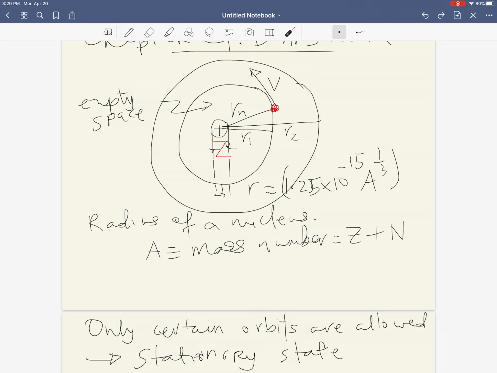And if you've done some chemistry before, you would know that the mass number is simply the number of protons and neutrons in the nucleus. In the case of hydrogen, of course, there's just a single proton, and so A is 1. And so this tells us that the approximate radius of a proton is about 1.25 times 10 to the negative 15 meters.